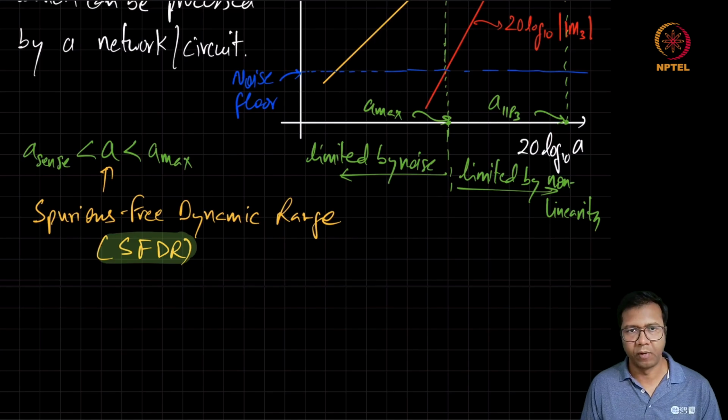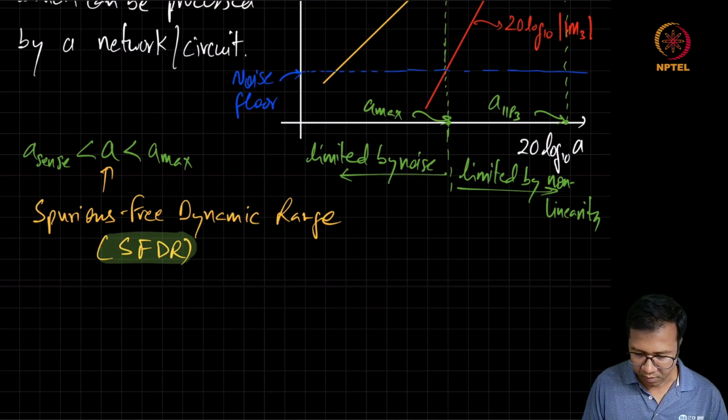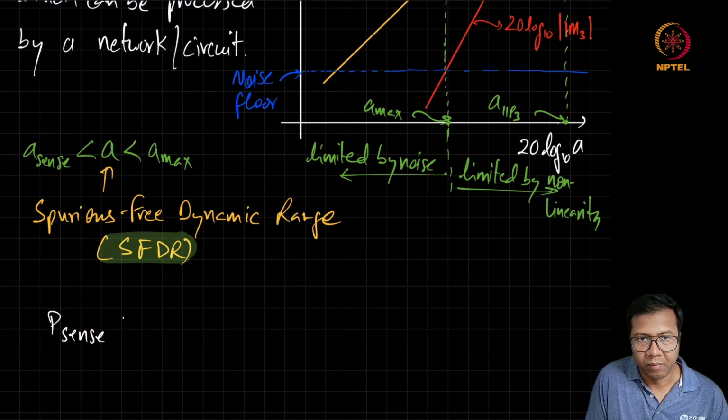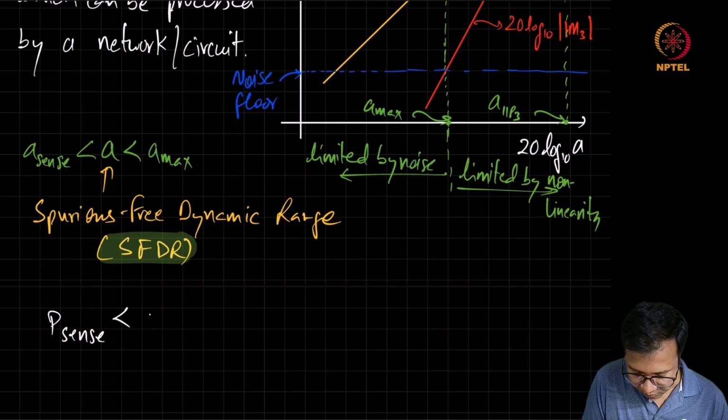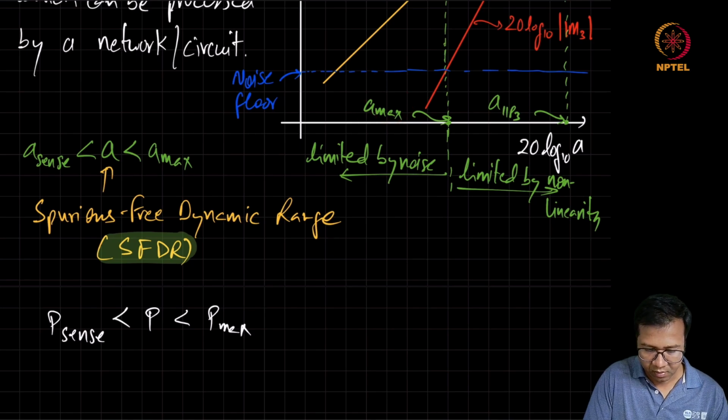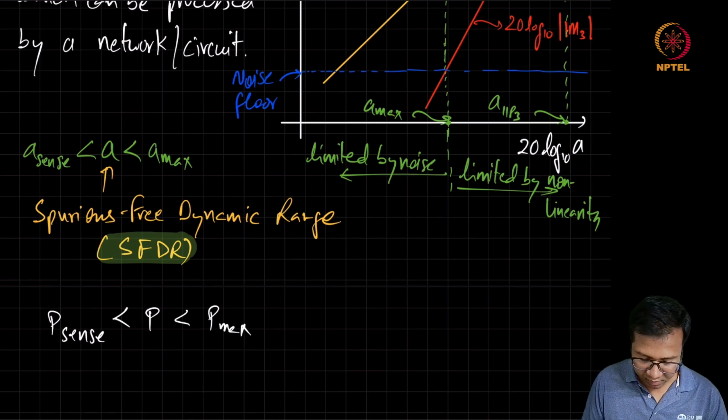We can assume a 50 ohm system and convert all these amplitudes into power, and we can write this as P sense as the minimum signal which can be received, and let me call the power corresponding to Amax as the Pmax. So we need to first find out what is the value of this Pmax.